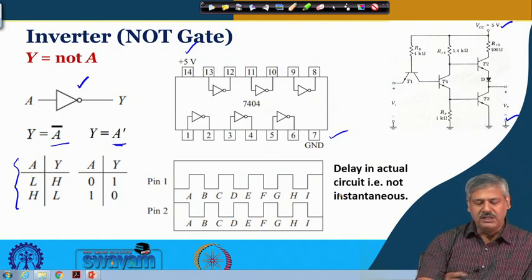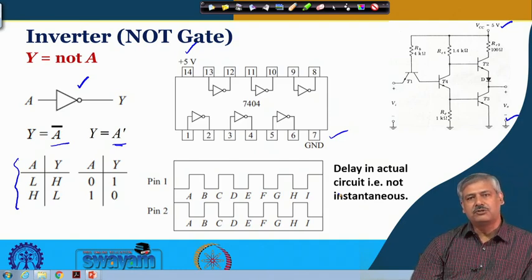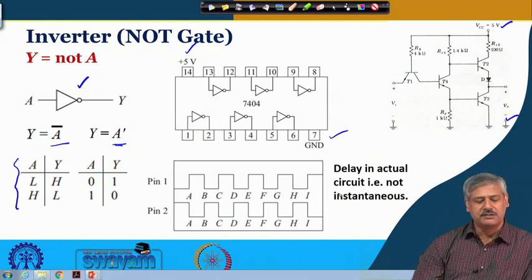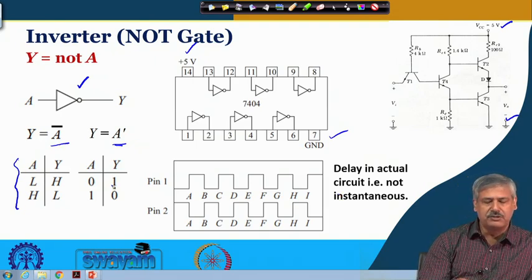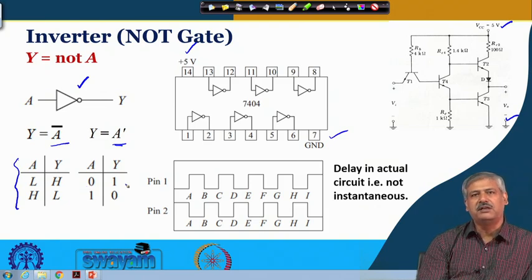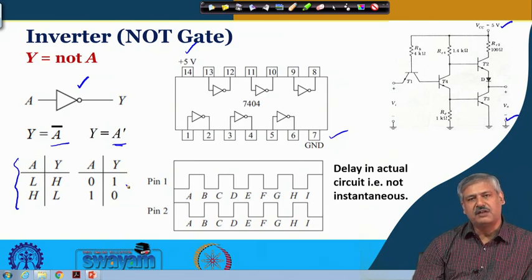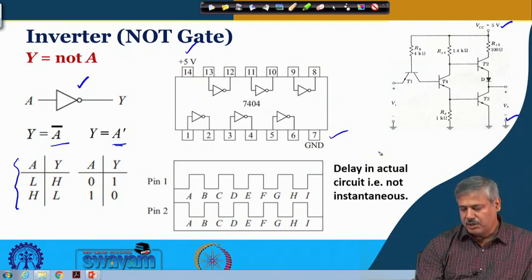Now, in all these representations that we have discussed so far, it appears that the output is instantaneous. If you look at the Boolean expression or the truth table, you give input and immediately you get output. That is the kind of understanding one may have from this kind of representation. But if you have a timing diagram and if you expand the time scale, then you can have the propagation delay included in the timing diagram.